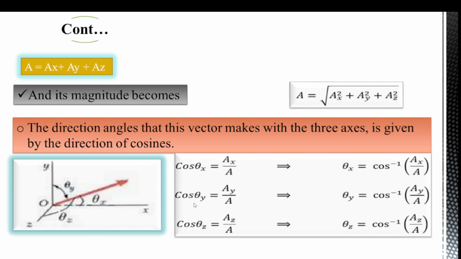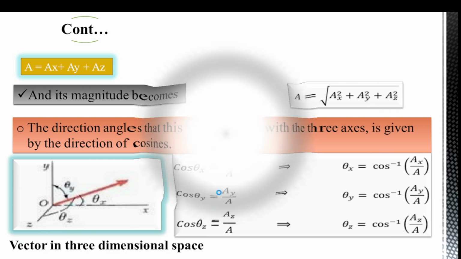Everything is the same as what we discussed earlier. So that is a vector in three-dimensional space.